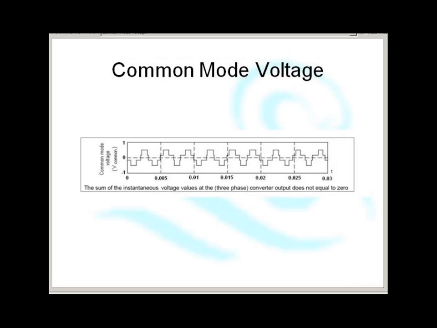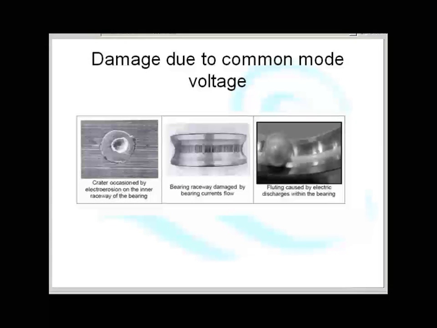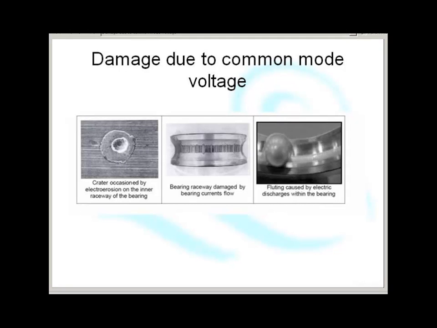What's its route to Earth going to be? Through the bearings. A little bit of an oops then. Here's the problem we have. We're going to crater the bearings. We're going to completely mess the bearings up because of the common mode voltage. Not so good. Any idea how we're going to fix this problem?